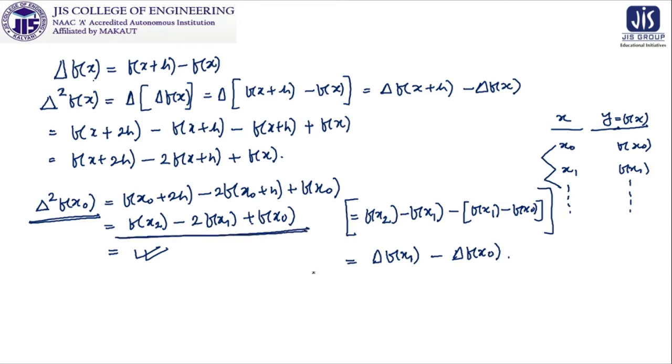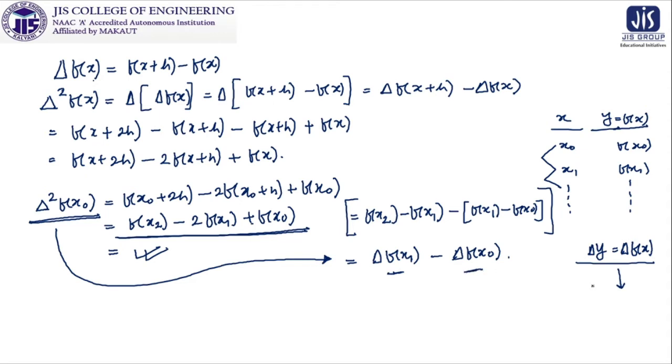or parallelly you can get del 2 f x0 calculated from the first order forward difference values of f. If you have f x0, f x1 in this way, then in the next column, when you are thinking about del of y, or del of f of x, you are going to get del f x0, del f x1 and so on, and from these values also you can calculate this one.